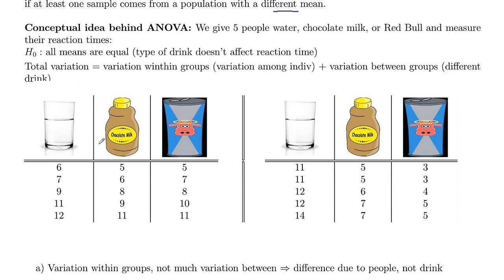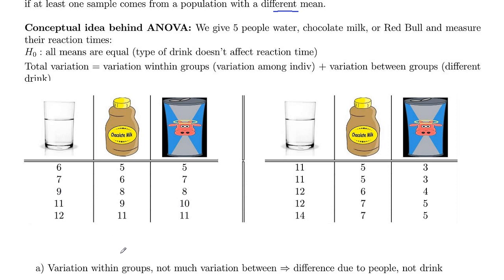So look at these first. Here's our first scenario. We've got reaction times that are arranged from smallest to largest so that we can compare for the 3 drinks, and these are the 5 individuals here. And what we see is that the reaction times here have about the same spread, or about the same variability within the group, but they don't look like they're different for the different groups.